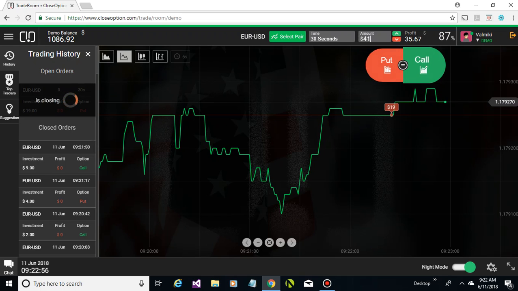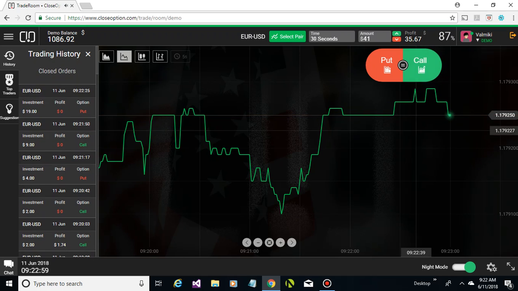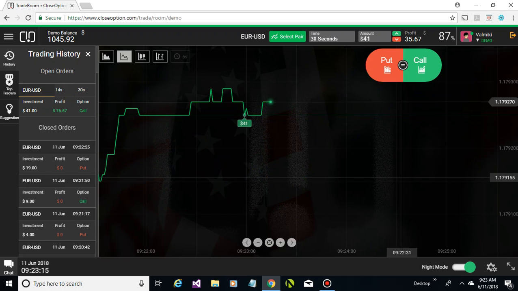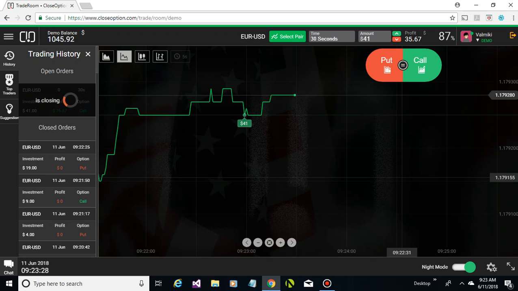We're going for a $41 call now. And if this is a successful trade, this is when we're going to be ending our trading. It's past 20 minutes, and from the looks of it, looks like we are going to be heading into a profit on this trade, and this will be our last trade. And yes, it is our last trade.